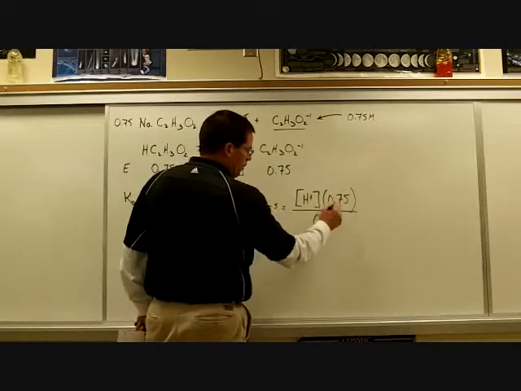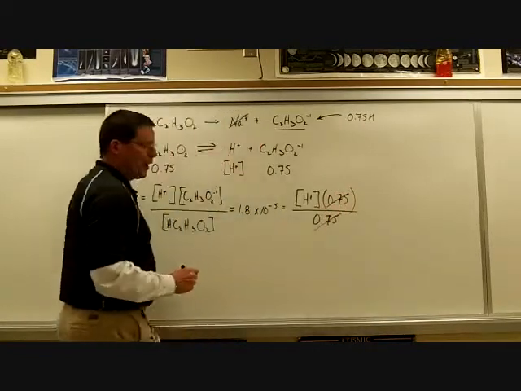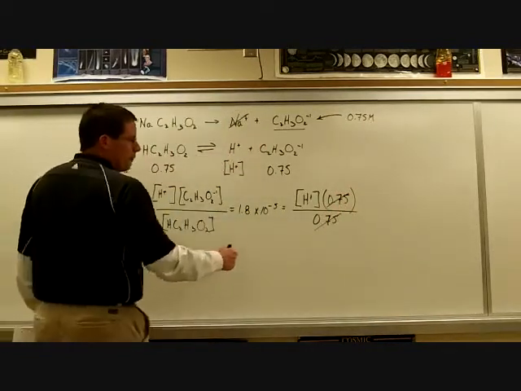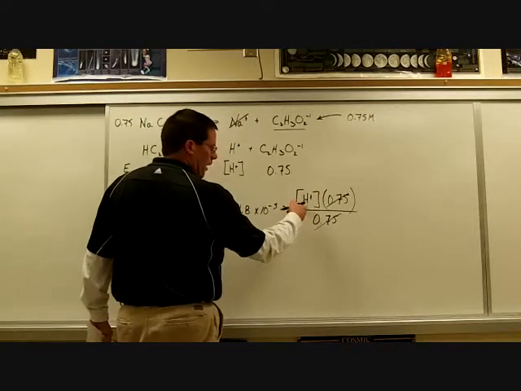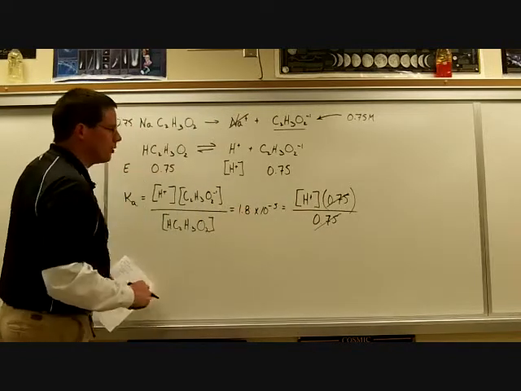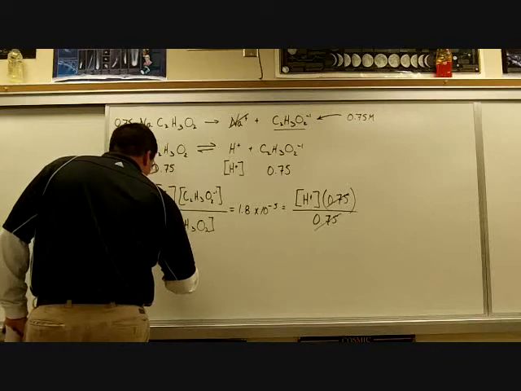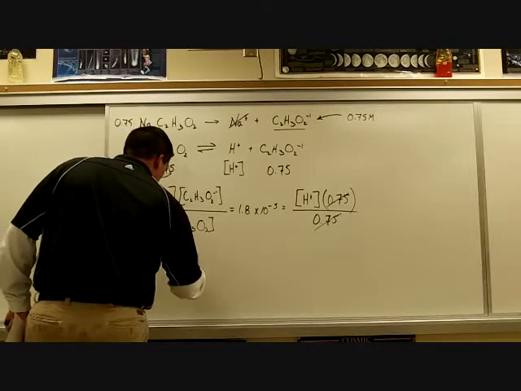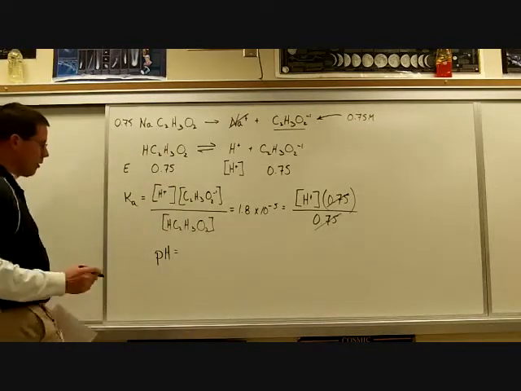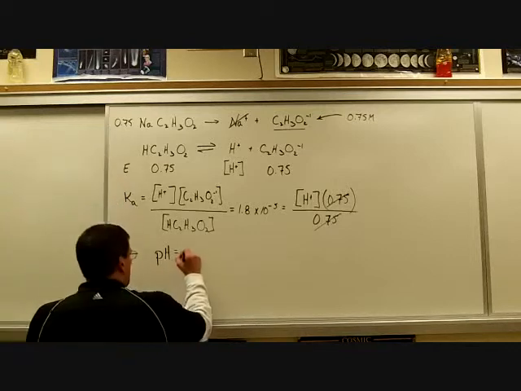What's really nice, you don't need a calculator to find out what your hydrogen concentration is. So the 0.75s cancel out, your hydrogen's equal to your 1.8 times 10 to the negative 5. So to find your pH, again, just like what we've been doing, take the negative log of that value.